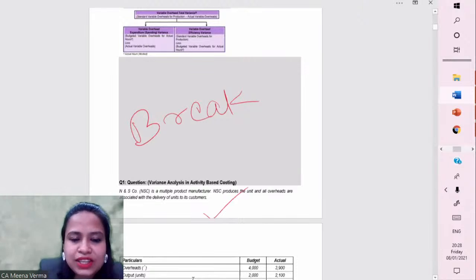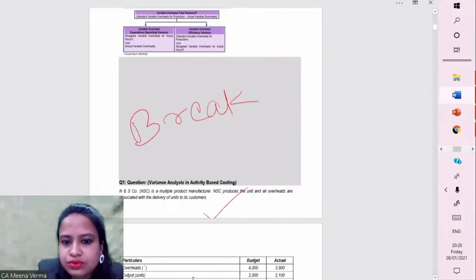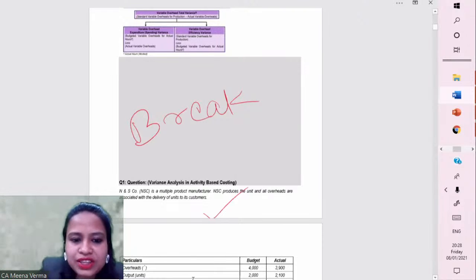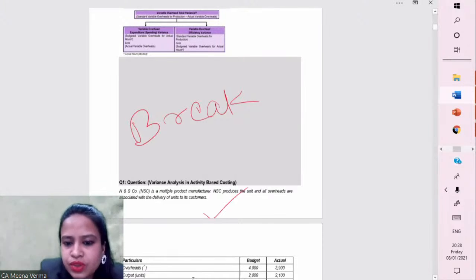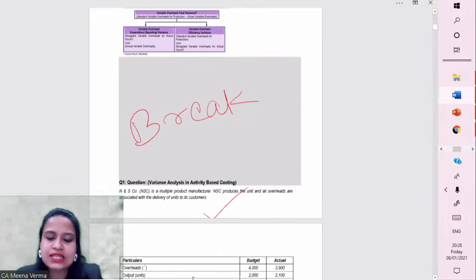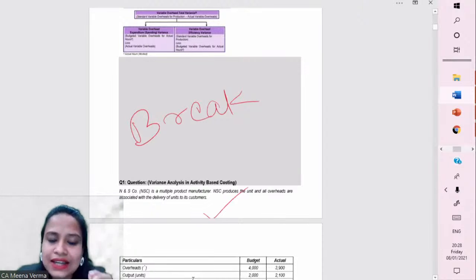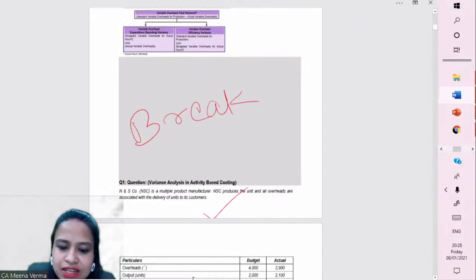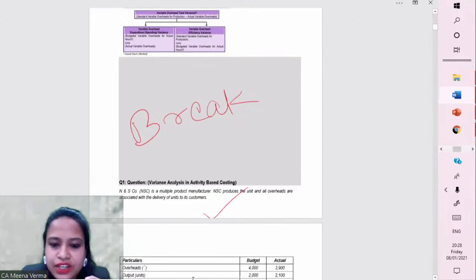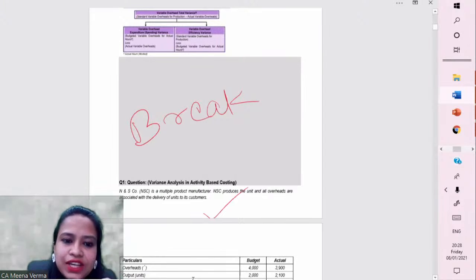So what will the deliveries be for 2100 output? 20 upon 2000 into 2100. If you calculate this, you will get 21 deliveries. This is the standard activity for actual output.